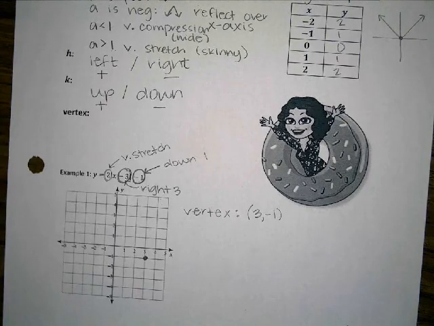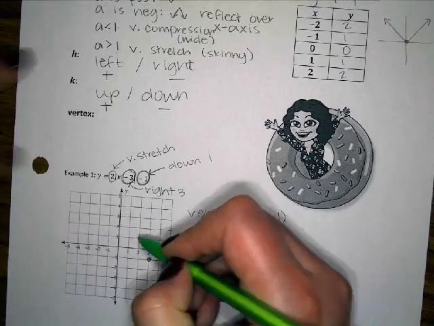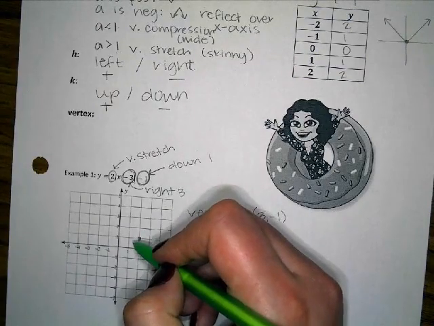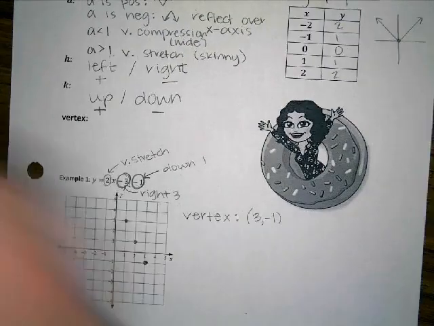So I'm going to graph, I have the point 3, negative 1. Now I'm going to graph 2, positive 1. Over 2, up 1. I'm going to graph the point 1, positive 3. I'm going to graph the point 4, positive 1.